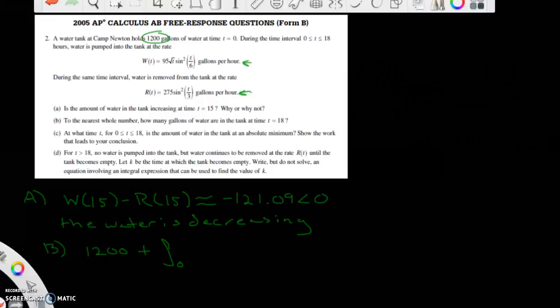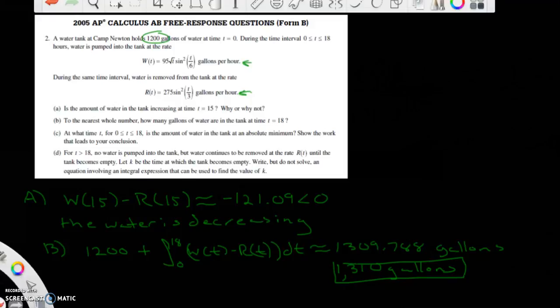So you do 0 to 18, W of t minus R of t dt, which when you solve will give you about 1,309.788. And what are the units? Gallons, because it's gallons per hour. Okay, so you could say 1,310 gallons, because it wants to know to the nearest whole number.